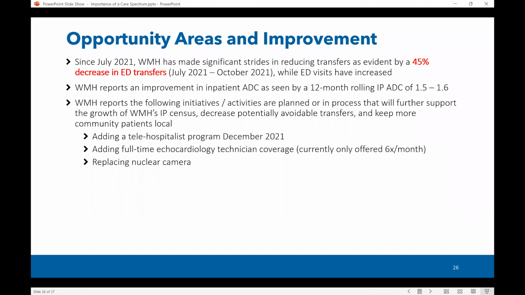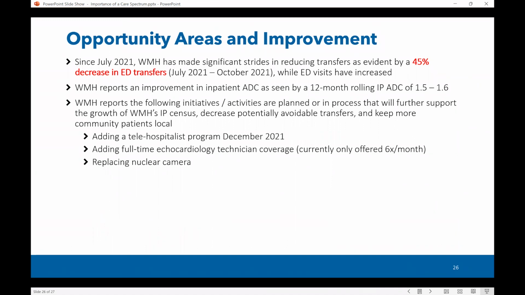The other one that I had mentioned earlier did make significant strides in reducing transfers, with a 45% decrease in their ED transfers, and their ED visits have increased. They were having a problem keeping an average daily census of 2, which is required.